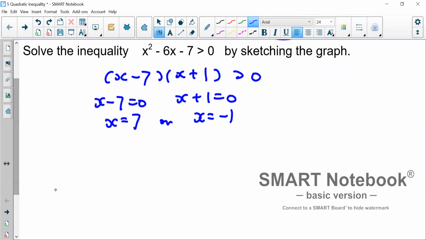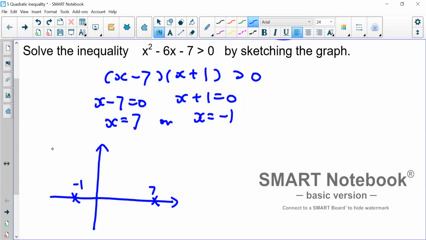So now we can plot on the graph. Let's do a quick sketch. We have minus 1 over here and 7 over here, and we know it would look like a U shape. So my graph will roughly look like that.